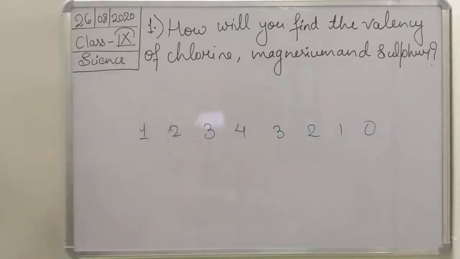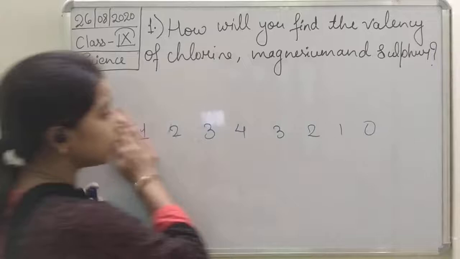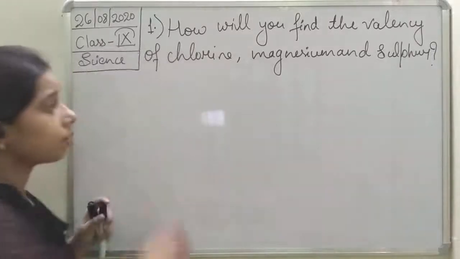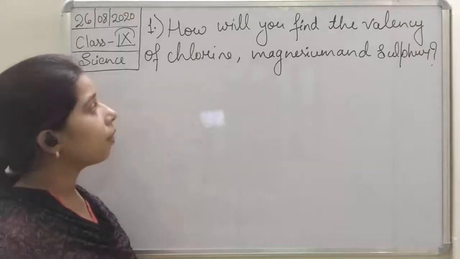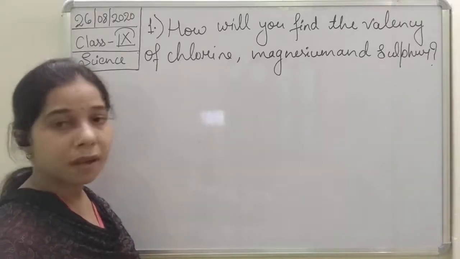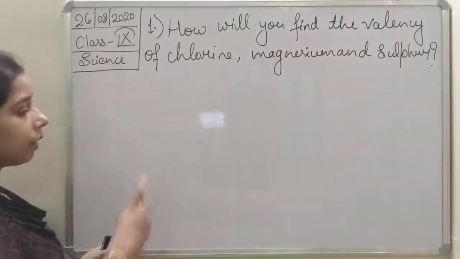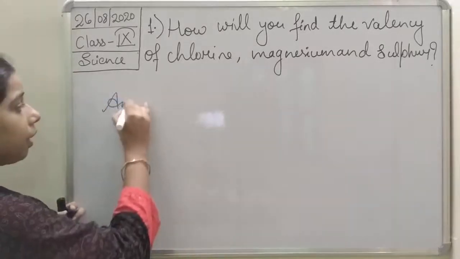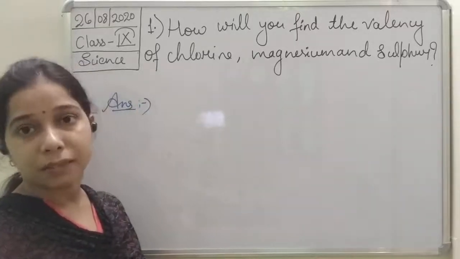Now on that basis, students, there is a question given and we have to find the valency of the given atoms. The question is: how will you find the valency of chlorine, magnesium and sulfur? So how do we find it, students? If we know the atomic number, we can find the electronic configuration.